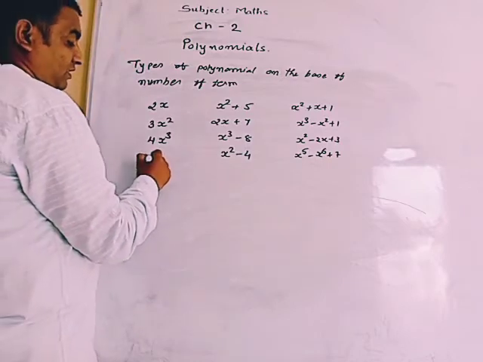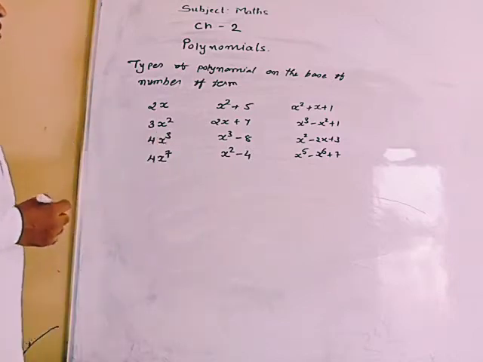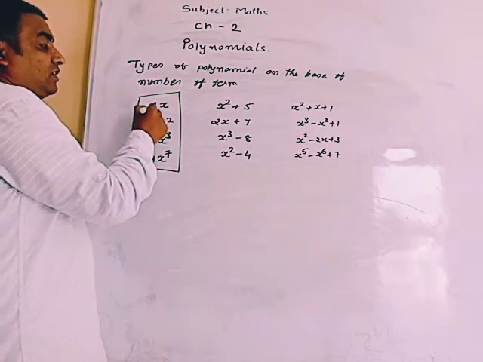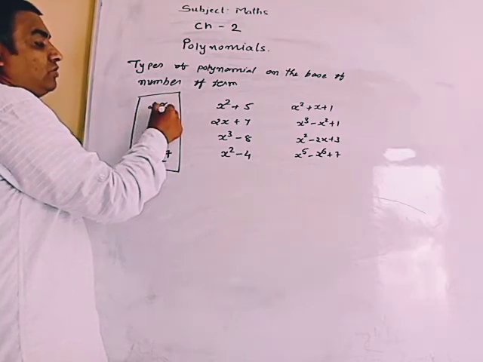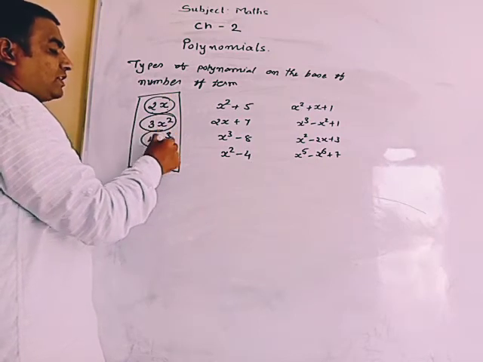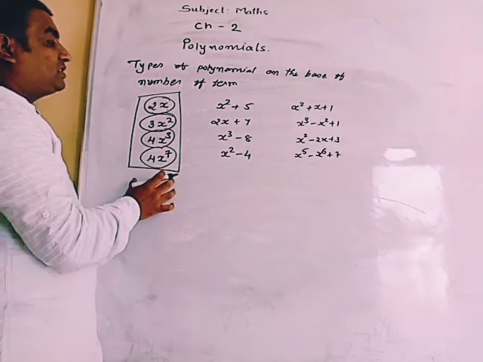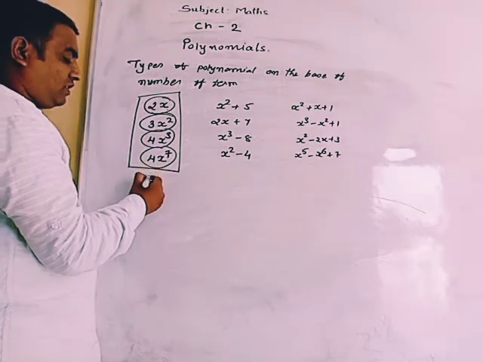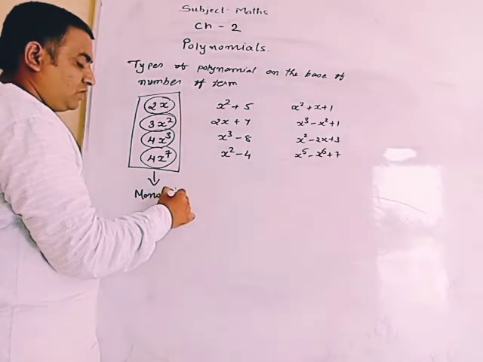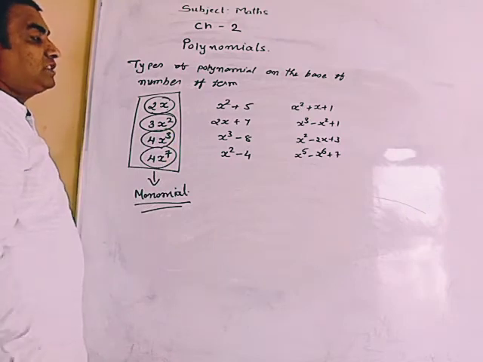Here I write 4x raised to 7. So here you all can see 2x only one term, 3x square one term, 4x cube one term, 4x raised to 7 one term. So the algebraic expressions which have only and only one term are known as monomial. So the polynomial which contains only one term is known as a monomial.